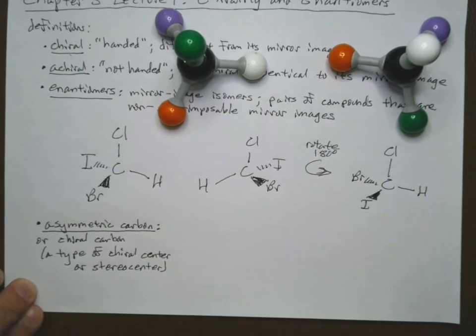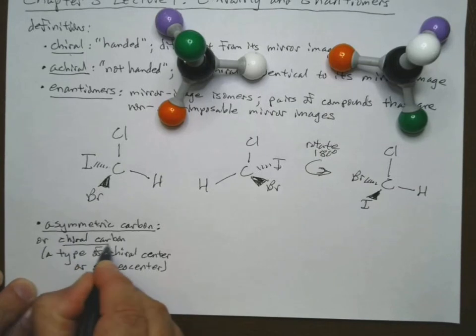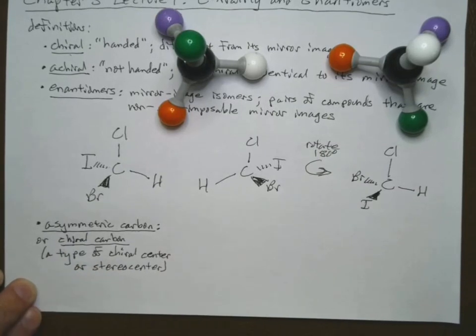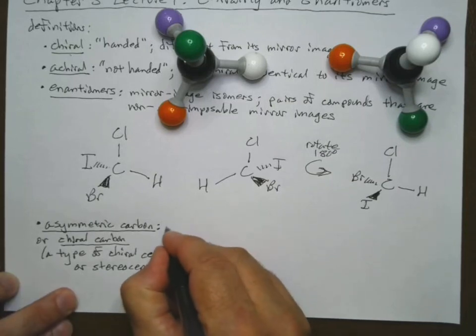It is a carbon bonded, maybe I should just call it chiral carbon. Anyway, what is a chiral carbon? Chiral carbons are bonded to 4 different substituents.